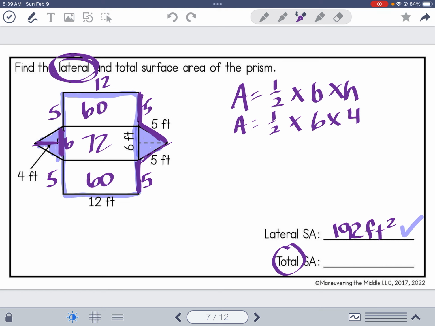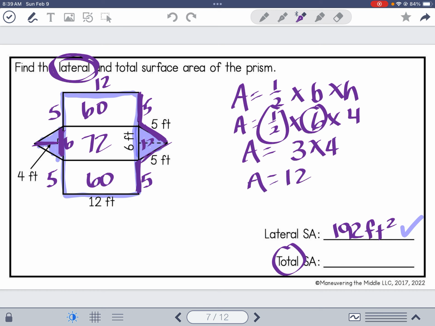And when I take half of one of those, I'll just take half of the first one, which is 3. 3 times 4 is 12. So each triangle is 12. So we're going to take the 192 and add on 24, because each triangle is 12. So that would give us 216 feet squared.